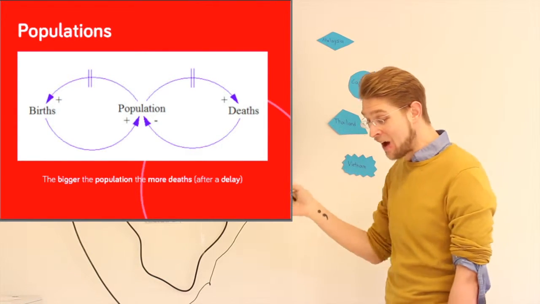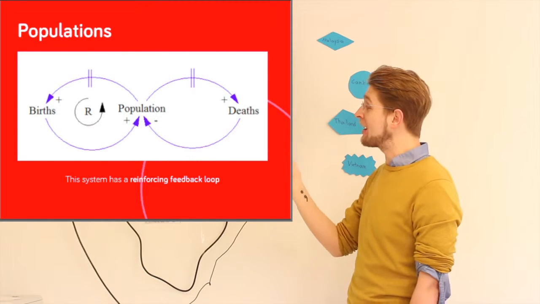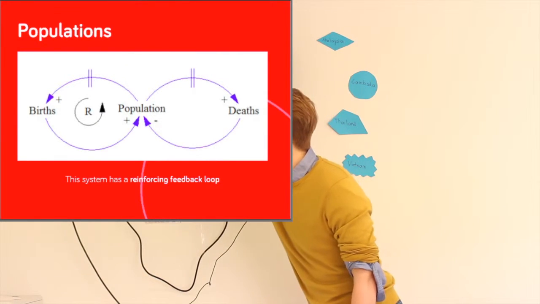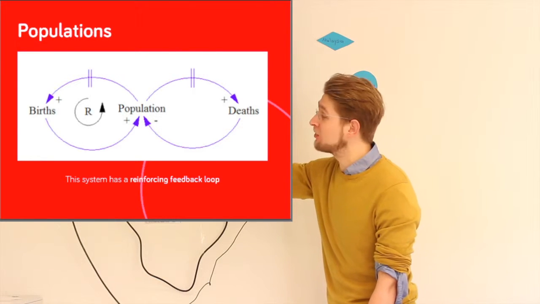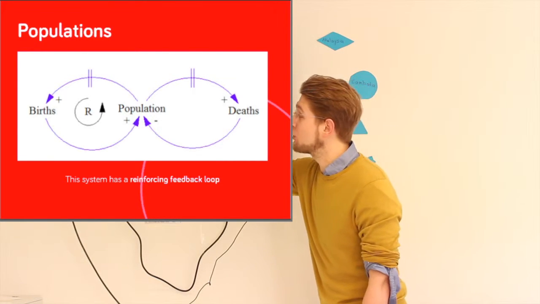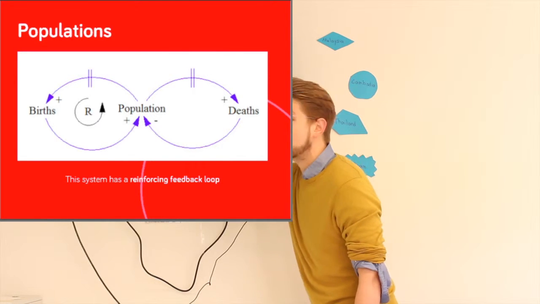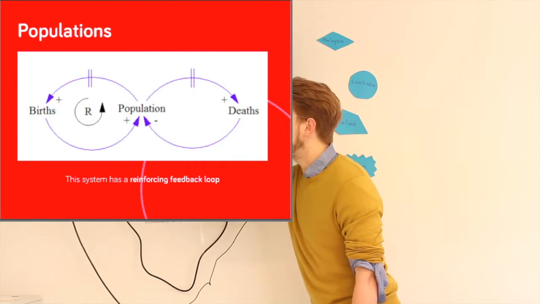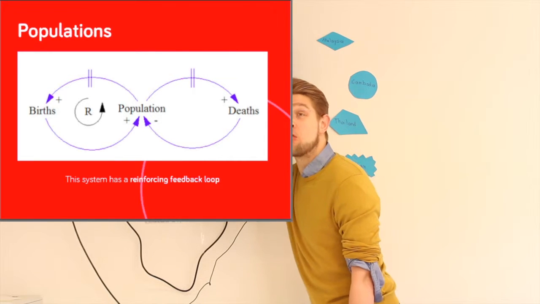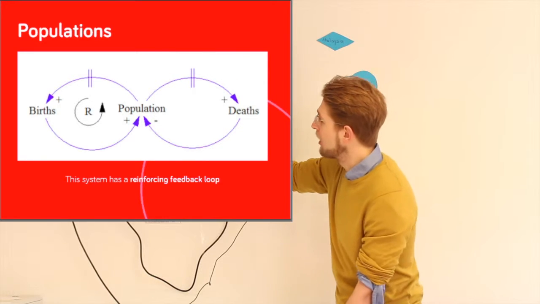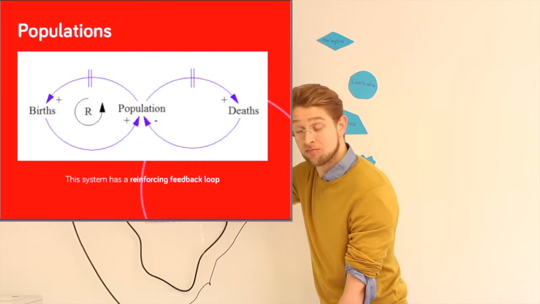So what we have now is the beginning of some feedback loops. More births, bigger population after a delay, more births. Because we can follow these arrows round without changing direction, we've got a loop here, and it's going to reinforce itself over time, because each of these things is a positive effect.